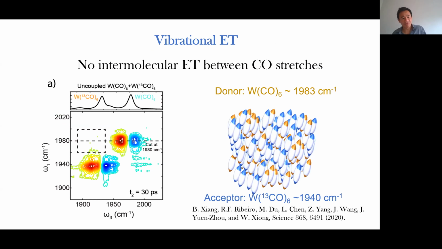Now, what my colleague did was reproduce the same idea, but with vibrational chromophores. What I think is very interesting in this case is that vibrational chromophores never transfer energy between themselves. He put two isotopomers of tungsten hexacarbonyl, and then he parked the cavity in the middle between those two isotopomers.